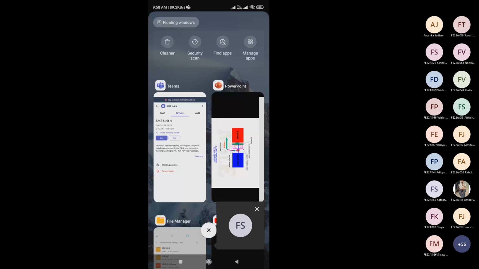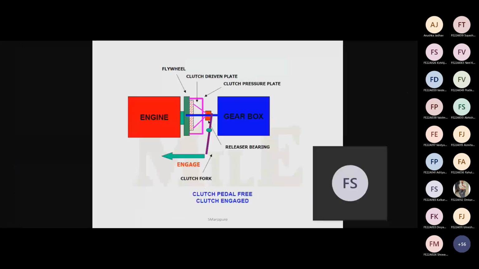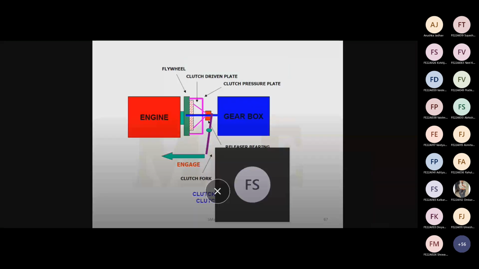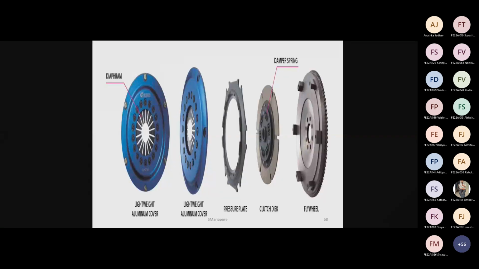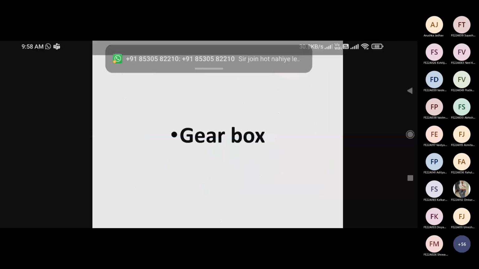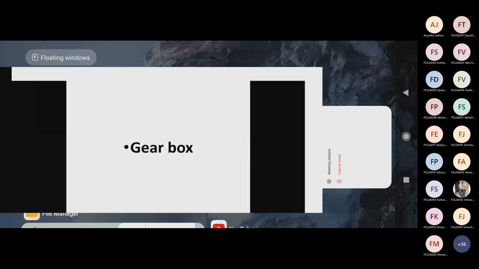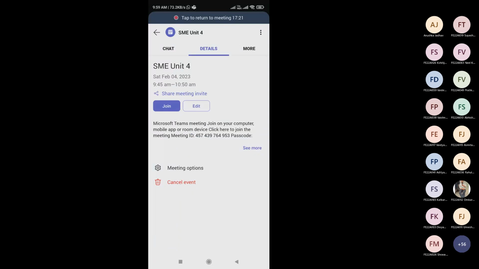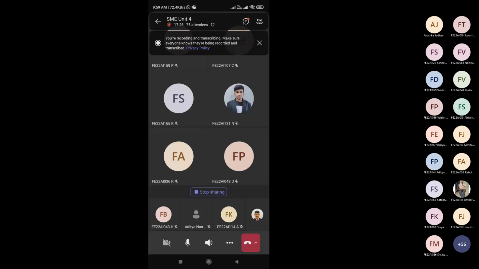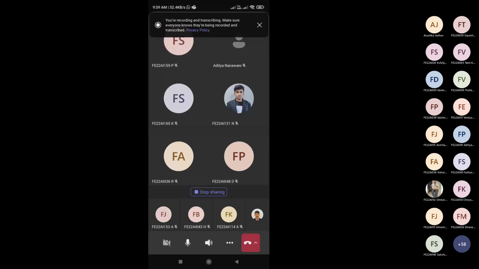Is the mic off now? Okay, I will ask some of the students to give reply. Others will not give any kind of reply. Aditya Nannavre. Yes, sir. You will give reply.